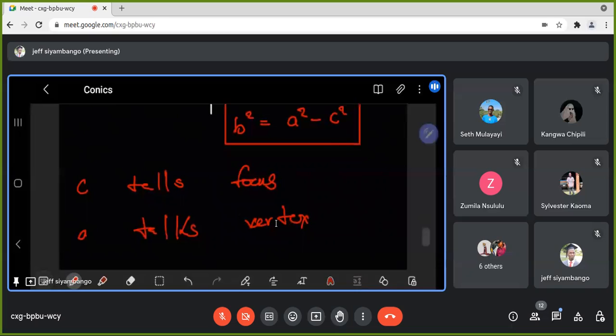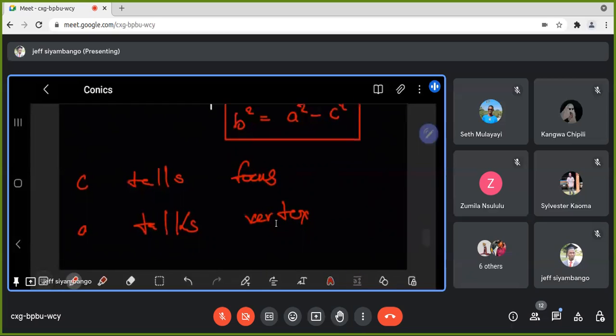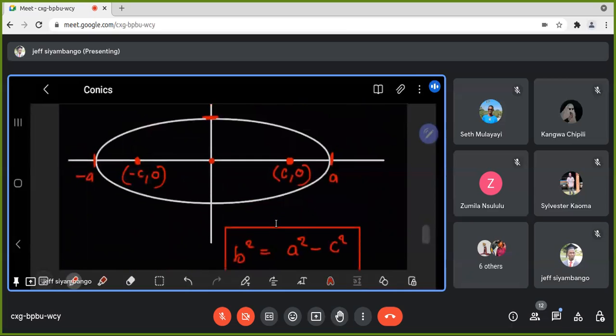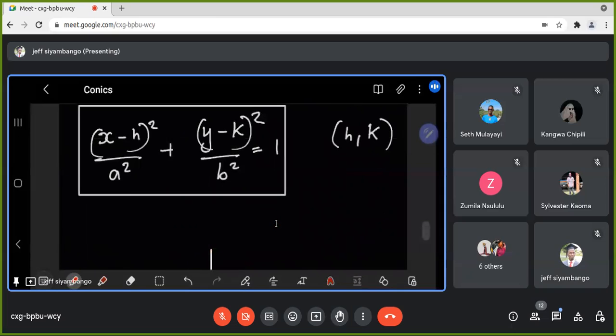If you know C, then you can describe where the focus is. But of course, you can't do either if you don't know where the center of the ellipse is. The center is described by H and K, but usually we just see what is being added or subtracted to X and Y. With that in mind, let's see if we can find one or two examples to help you get how you play with an ellipse.